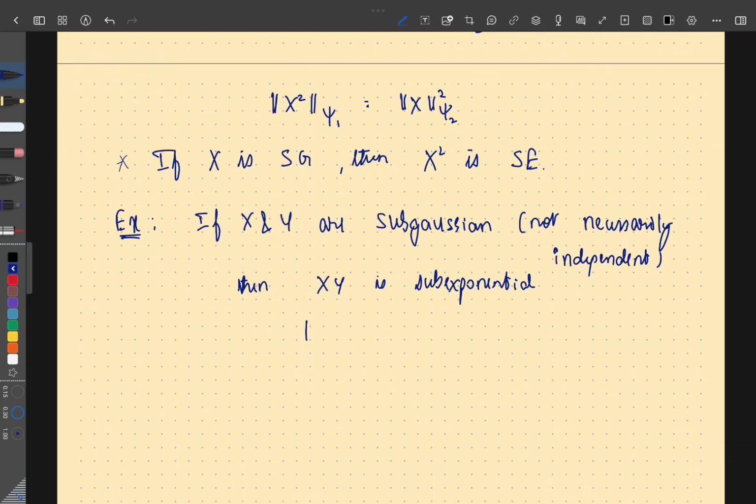And you can show that the sub-exponential norm of xy is at most the sub-Gaussian norm of x times the sub-Gaussian norm of y.